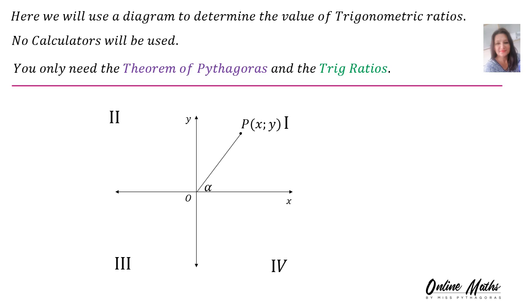From that point P, you can drop an altitude, and an altitude is perpendicular to the x-axis. And you see that now suddenly there is a right angle triangle.